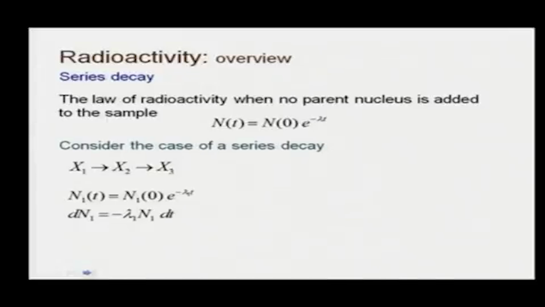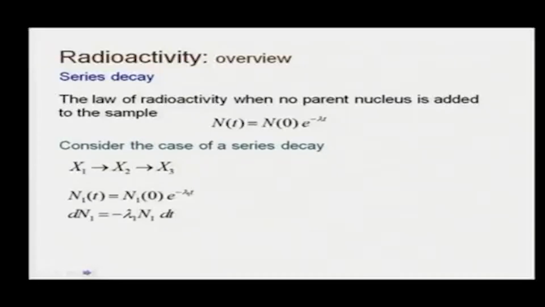So, let us look at such a situation. Consider the case of a series decay, which means you take a nucleus of type 1 denoted by x1, which decays to x2, and x2 is not stable, it decays further to x3.